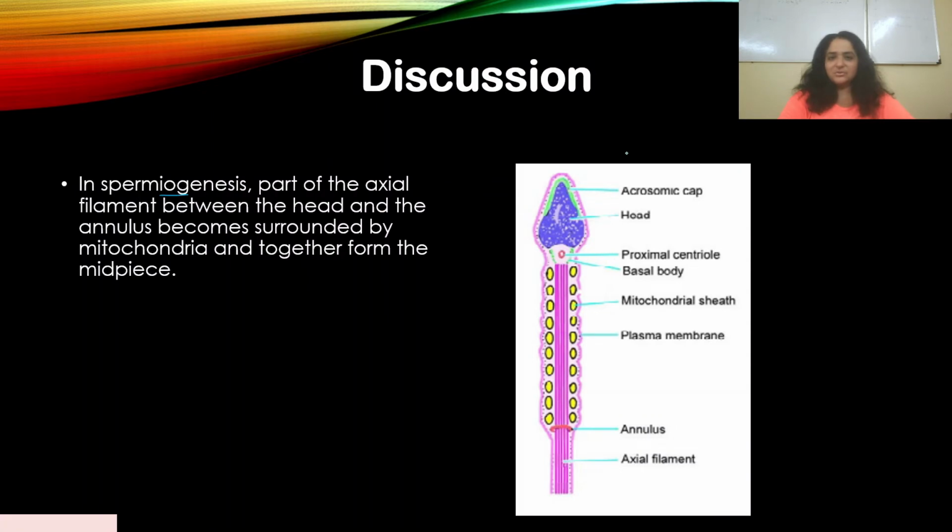Here I'm sure if you watched my previous lecture, you'll be familiar with this structure. You can see the mitochondrial sheath around the axial filament, this pink structure here. In spermiogenesis, that means when spermatids are converted to spermatozoa, the part of the axial filament between the head and the annulus becomes surrounded by mitochondria, and together they form the midpiece.